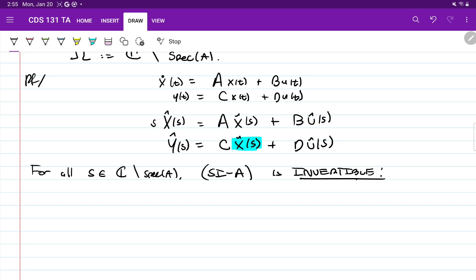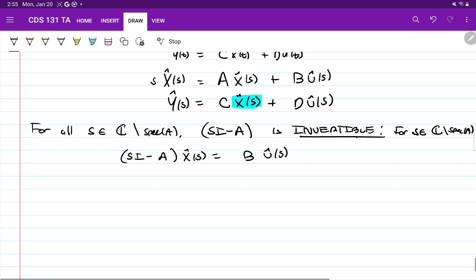So for such an s, if we solve for x hat in the top equation, we get (sI minus A) x hat of s equals B u hat of s, so x hat of s is equal to (sI minus A) inverse B u hat of s.